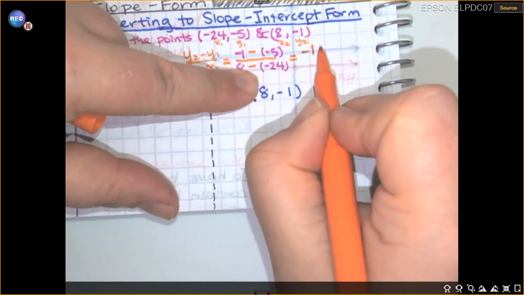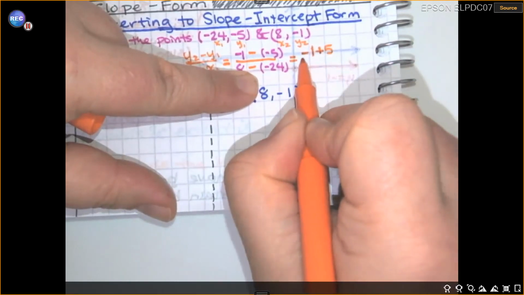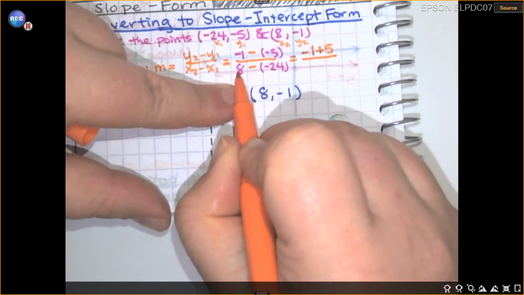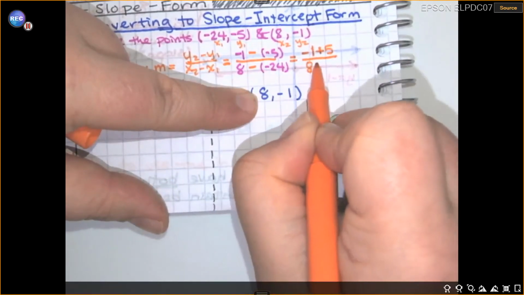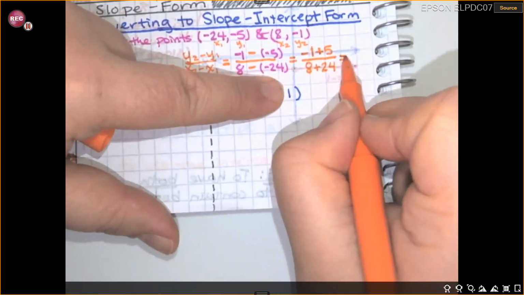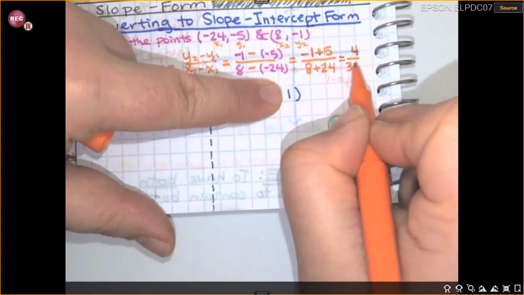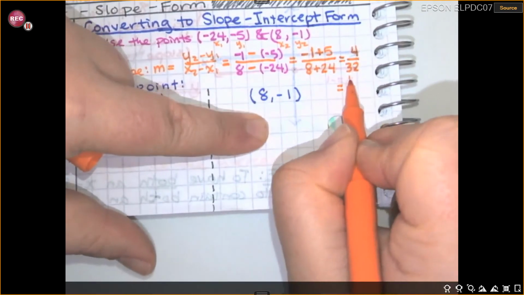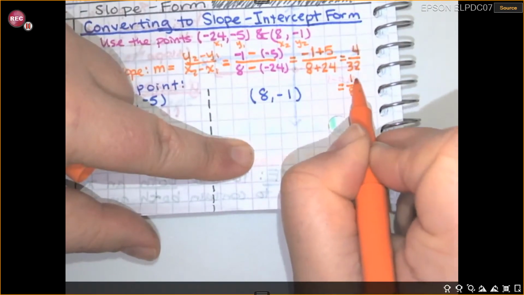So now I have -1 plus 5 over 8 plus 24. So that makes positive 4 over positive 32, and that simplifies to 1/8.